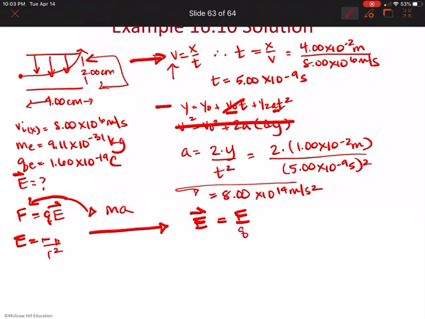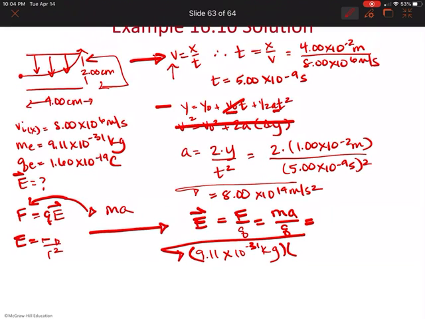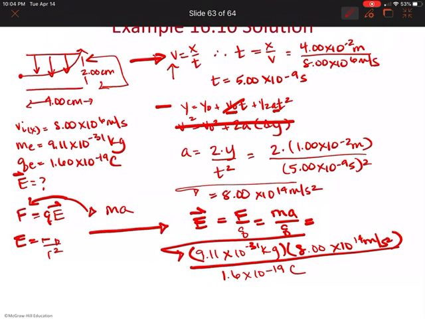So you can find the electric field by doing force divided by Q, which is mass times acceleration, divided by Q, which is doable now. We've got 9.11 times 10 to the -31st kilograms times the acceleration, which is 8 times 10 to the 14th meters per second squared, divided by the charge of an electron, which was 1.6 times 10 to the -19th coulombs. Okay, do all the math there.